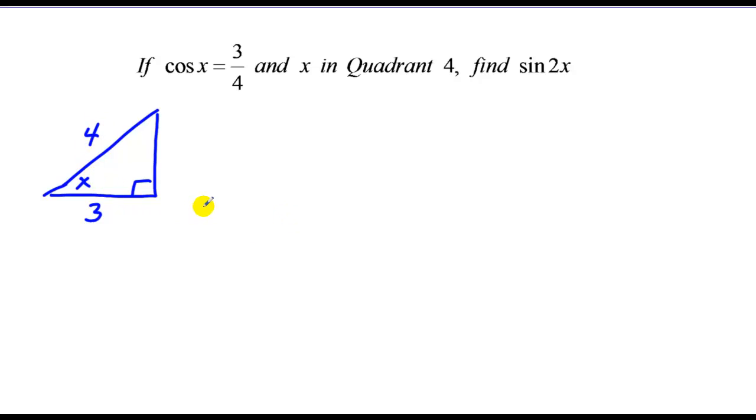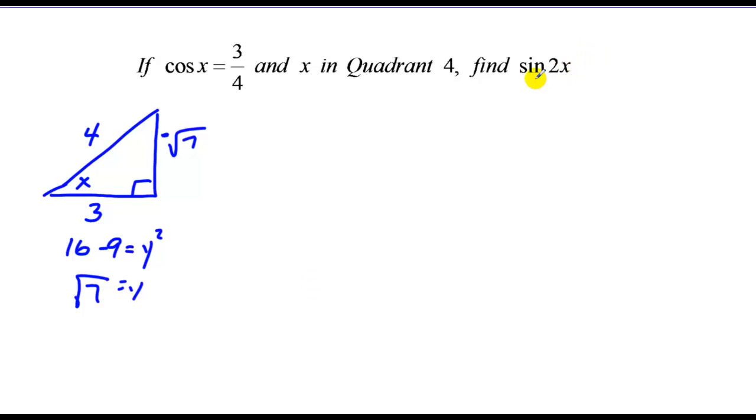And so I'm probably going to need to find this vertical side in order to get my problem done. So I've got 16 minus 9 is equal to the y term squared. And we know that's 7. So the square root of 7 is equal to y. And there's my triangle. And I know I'm in the fourth quadrant, so this would be a negative value.